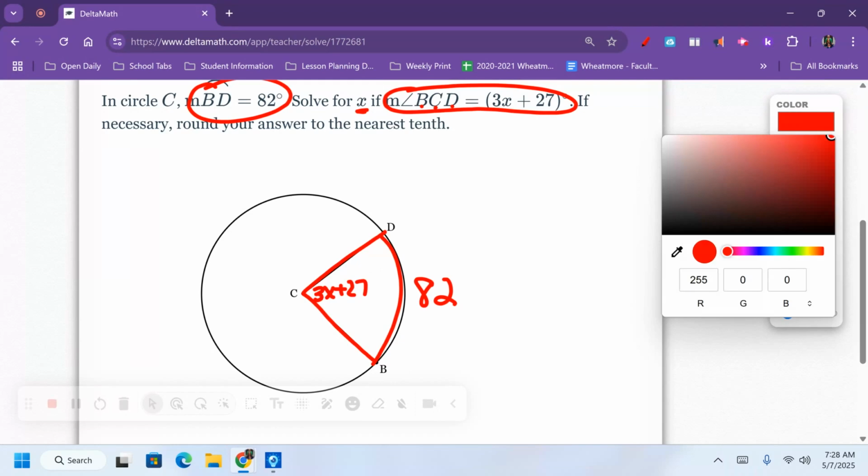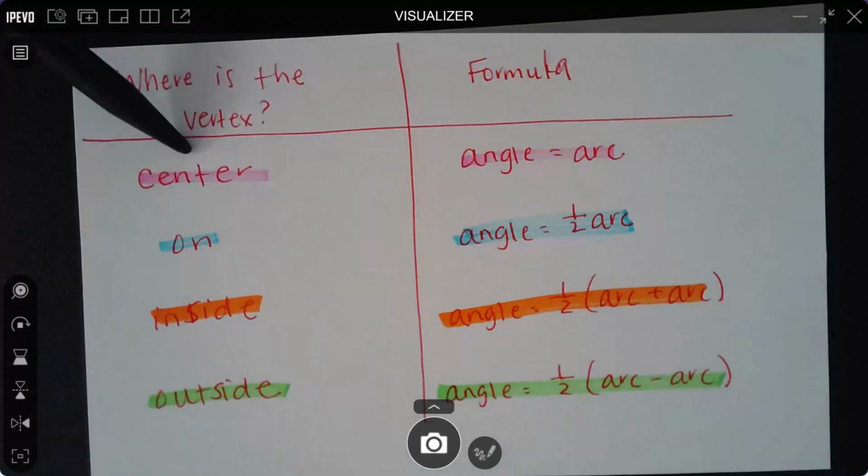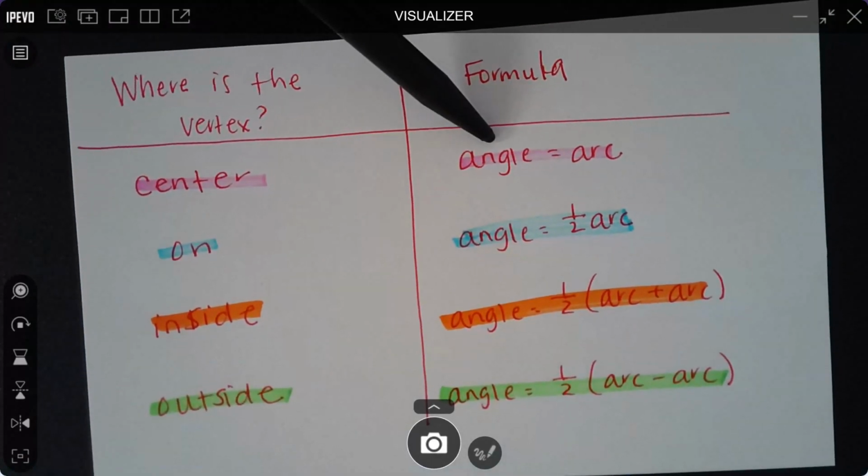What you want to know is where is this vertex? Notice this vertex is at the center. So when we go to our formulas, which I have written on the sideboard, I go to center, which means my angle equals my arc.